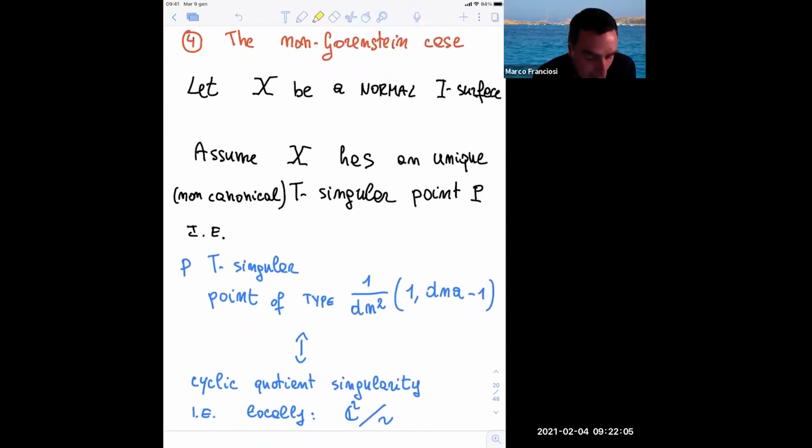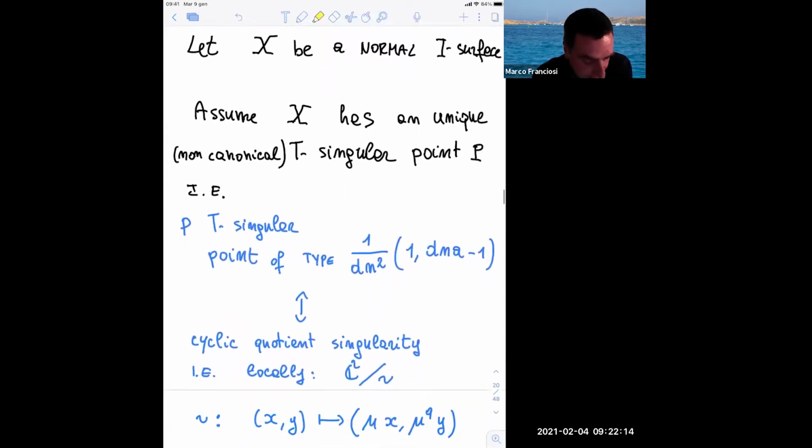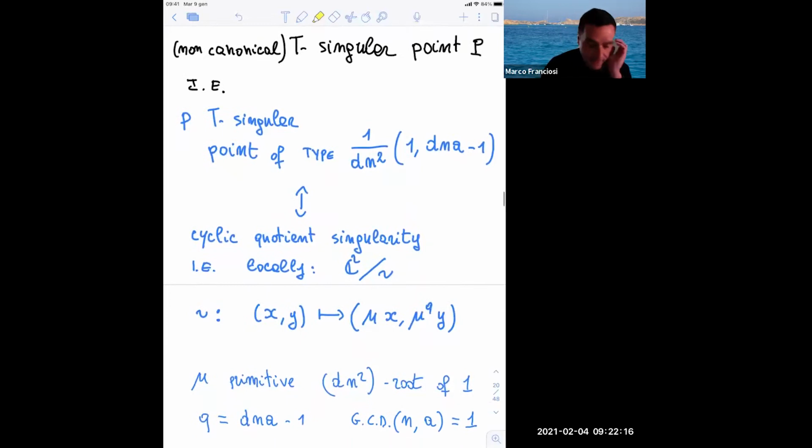So we have X, a normal I-surface, and assume that X has a unique non-canonical T-singular point P. What does it mean? Yesterday, Julie explained to us; I quickly recall.